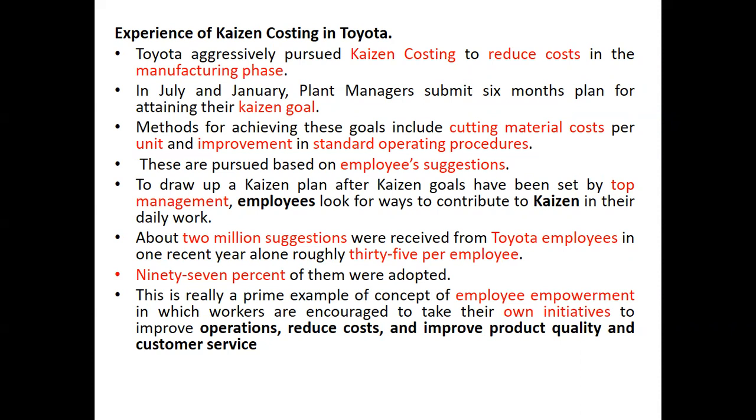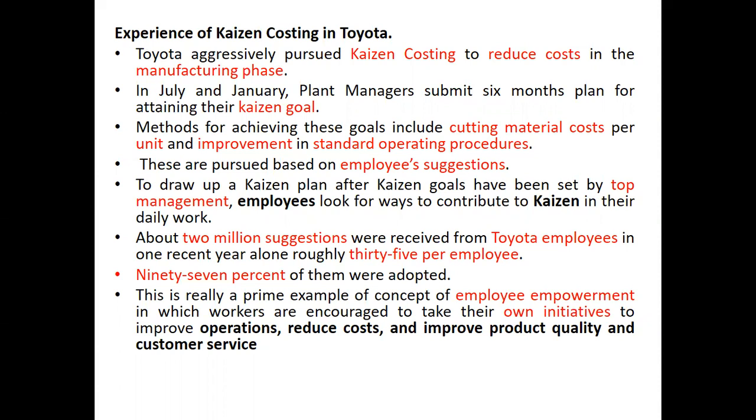In the case of Toyota company, about 2 million suggestions were given. Means approximately 35 suggestions per employee have been received by the top management. Toyota is a very big Japanese company.